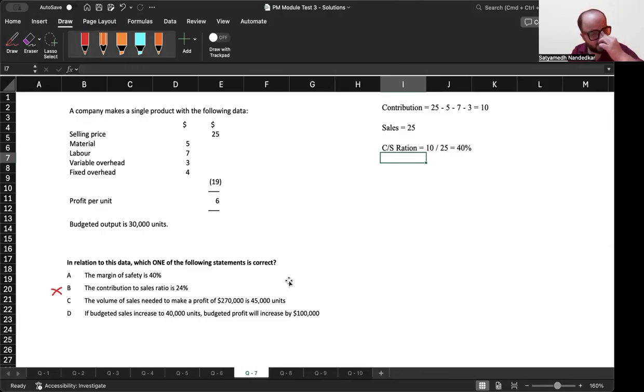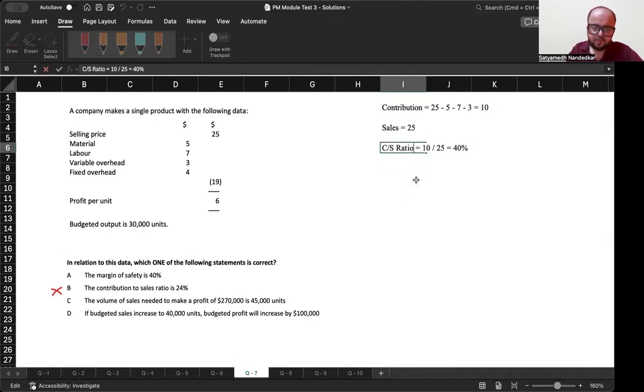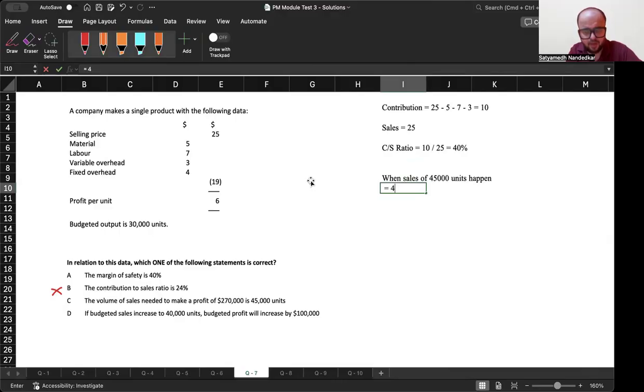The volume of sales needed to make a profit of 270 is 45,000. Now, what is my contribution per unit? Contribution per unit is 10. So when sales of 45,000 units happen, what will happen? 45,000 number of units sold into 10, which is your contribution, minus fixed overheads.